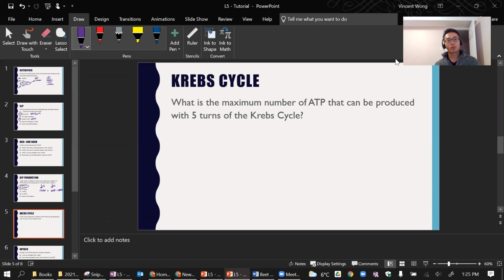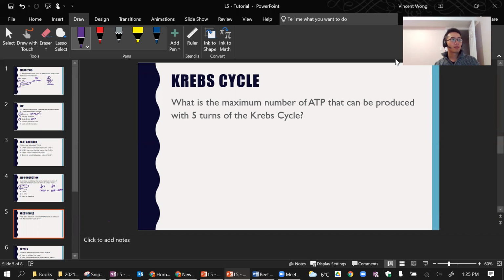So not just the ones that you get directly. Does everybody understand what I mean by that? Not just the ATP that is produced directly, but think of all the energy carriers that you will create, and then they go on to make ATP as well, right?